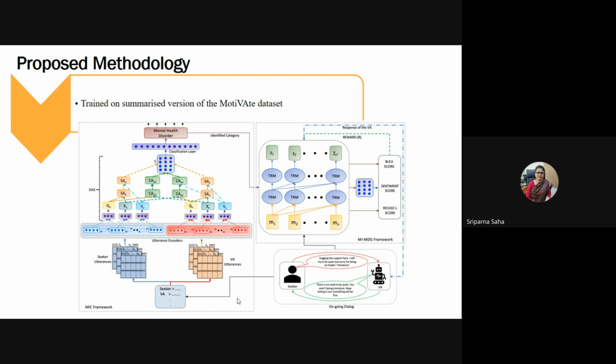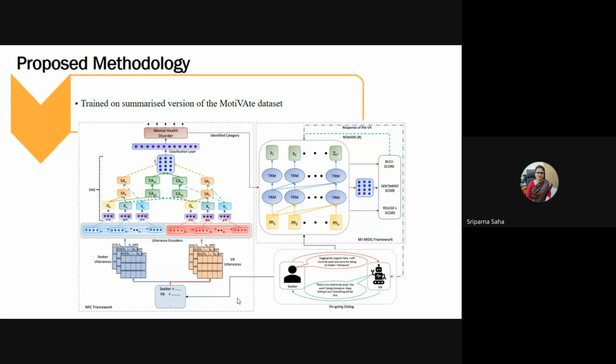If the mental disorder type is depression, then there will be a different path. If it is anxiety, there will be a different path. So there are different paths to follow depending on the mental disorder type. The first module is the classification task. We are giving this context and also the user's current utterance, and then there is a classification module.